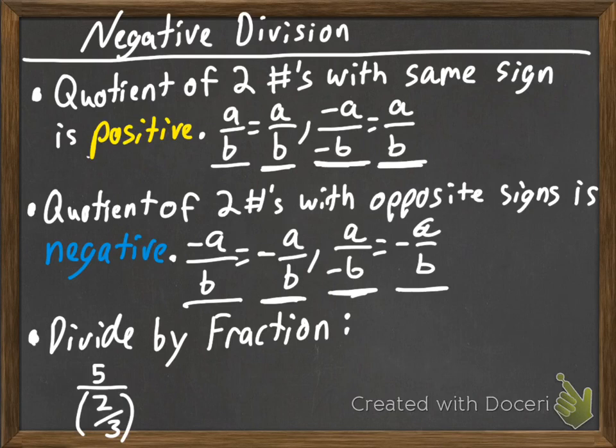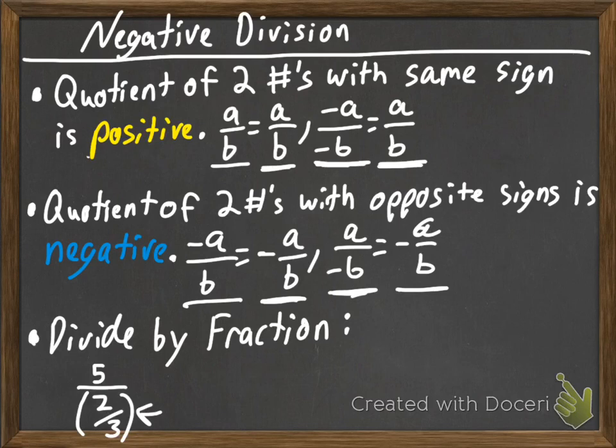And the last, dividing by a fraction. When we divide by a fraction, you basically can't. You have to manipulate it. What you do is you take whatever fraction you're dividing and you change it to the reciprocal. You flip it and multiply.